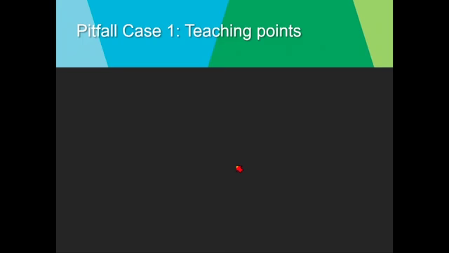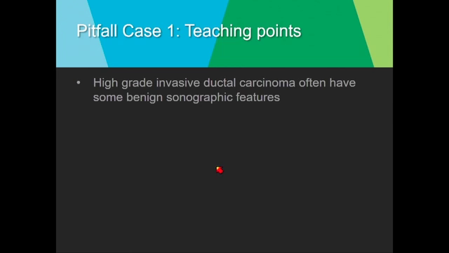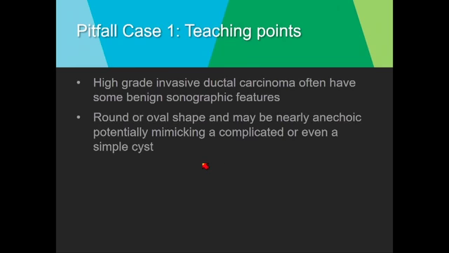So some teaching points before we move on to the companion cases. Obviously, as in this case, high-grade invasive ductal carcinoma often will have some benign features. It can be round or oval in shape, and occasionally be so nearly anechoic that it may appear to be a complicated cyst and occasionally even a simple cyst.